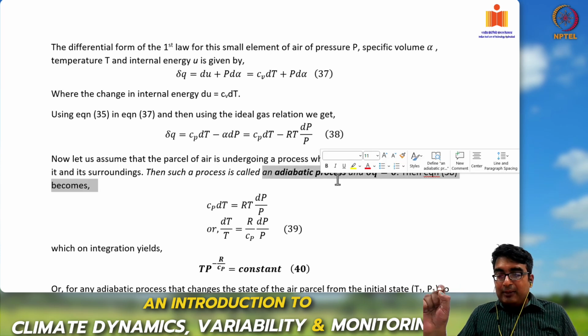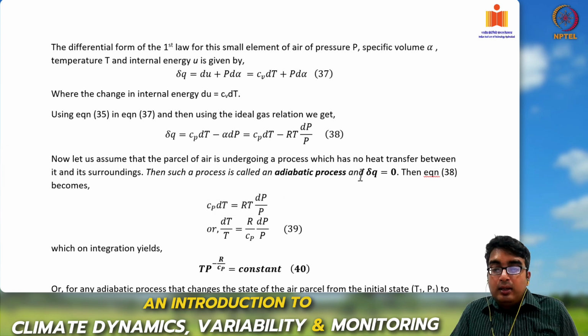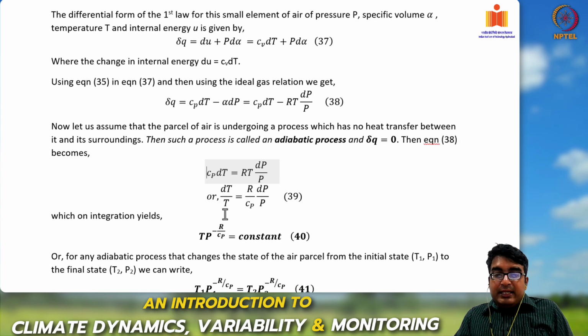So an adiabatic process is one where the heat transfer into or out of the system is 0. Then we can replace delta Q with 0 and we get, for an adiabatic process, Cp dT equals RT times dP by P, or dT by T equals R by Cp times dP by P.